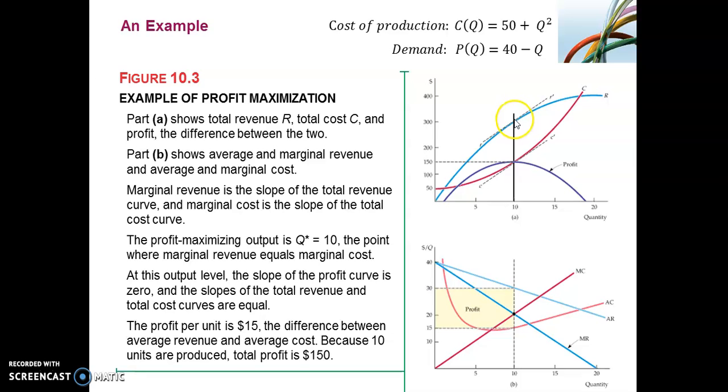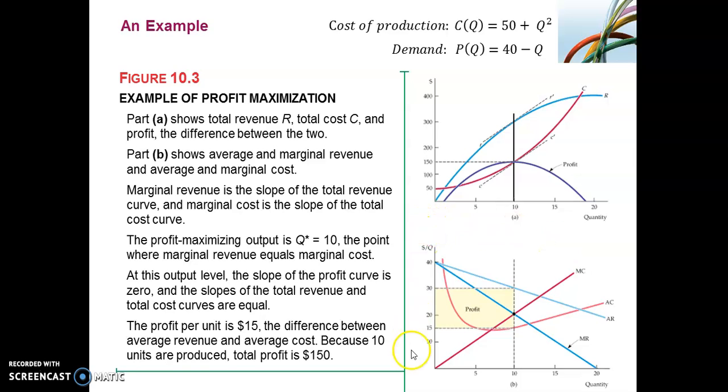And the slope of this tangent is your marginal revenue, and that is your marginal cost. So marginal revenue equals marginal cost. We can determine the level of output that maximizes profit.